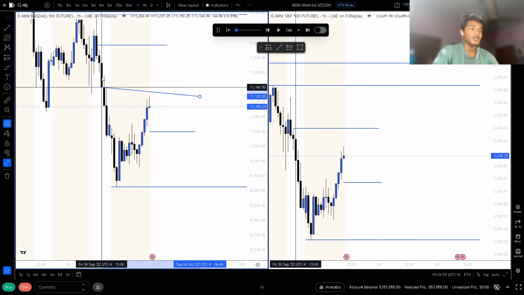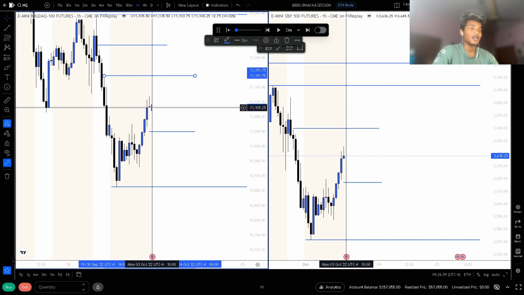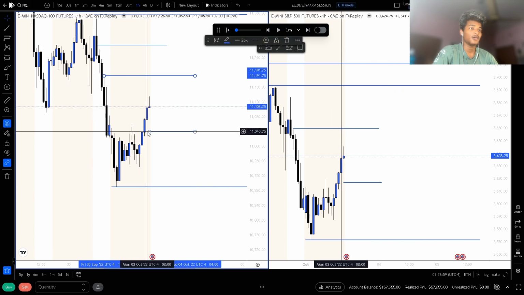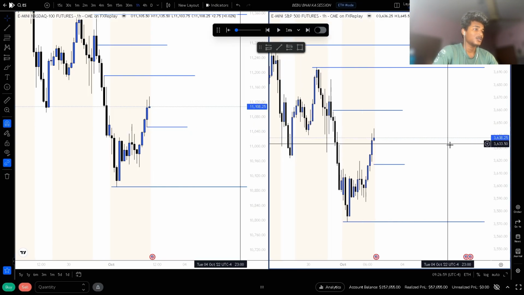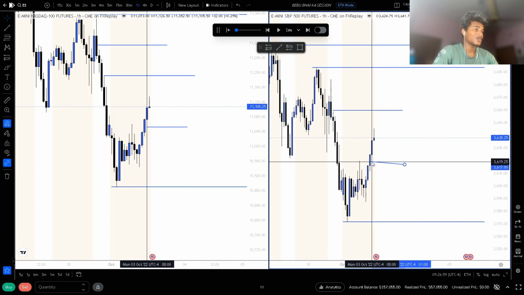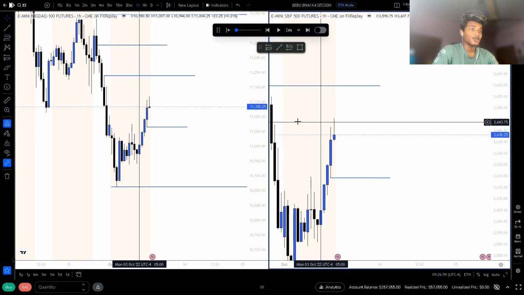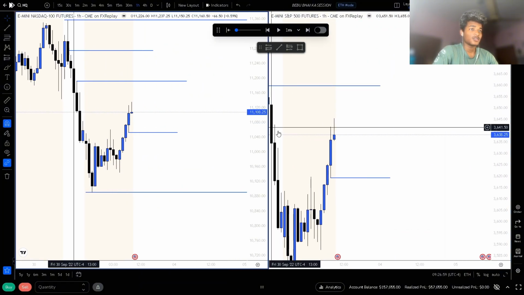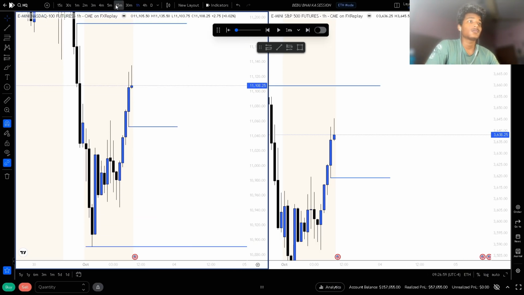We have this unmitigated hourly gap above us, and we are just moving up higher. We have this gap as well below us, so 1 hour is pretty much neutral to me. But ES has inversed. Did NQ inverse this gap or no?